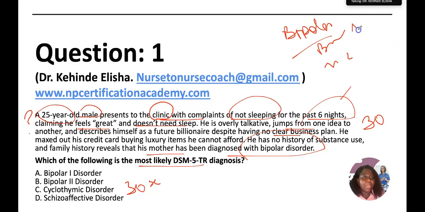Let's look at the content behind bipolar 2. With bipolar 2, we call it two poles. What does two poles mean? We have major depressive disorder, and we have what? Hypomania. Like, what in the world is hypomania? It's simple. Don't forget, in your mind, go ahead and sketch a graph. This graph is called a graph of life.